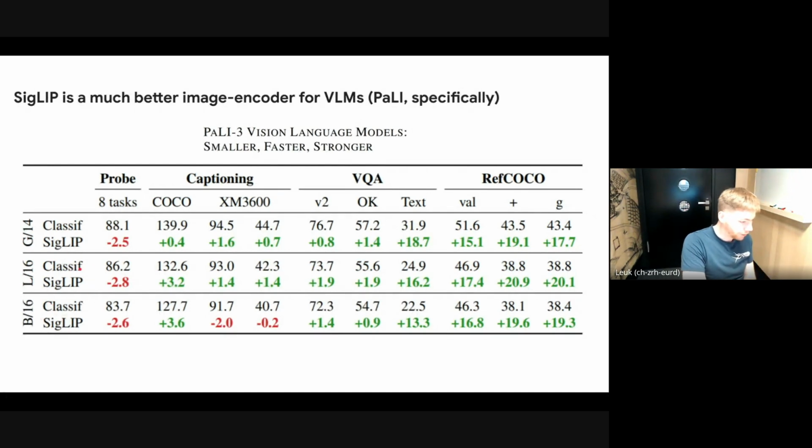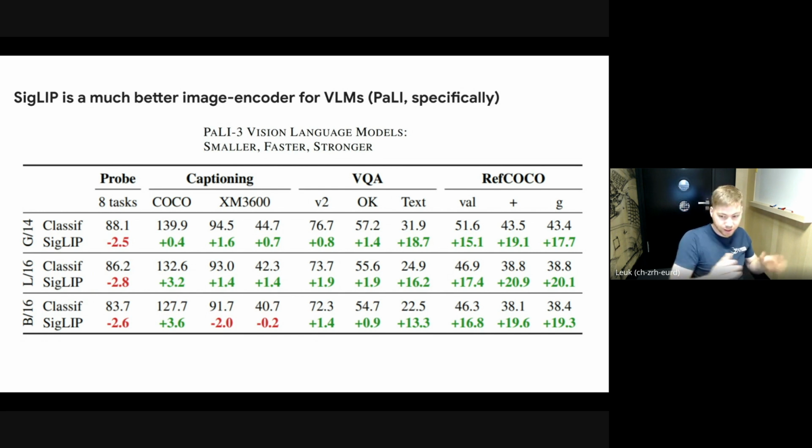And basically what we found is that almost across the board, it's better to use the SigLIP pre-trained image encoder, except for linear classification probes, which is an important metric that many people, including ourselves, often use to judge model quality.